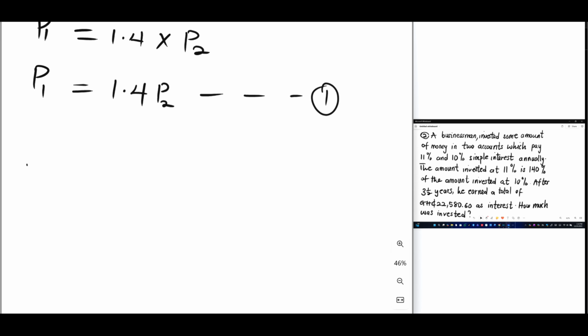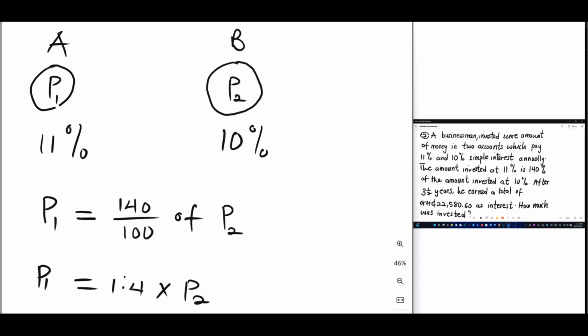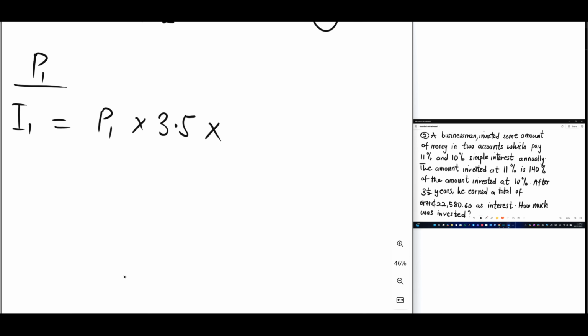For the first principal, the interest earned, I can name it interest 1, is equal to this principal, that is P1, times the time, which is 3.5, times the rate. When it comes to P1, the rate is 11%, so times 11 out of 100.